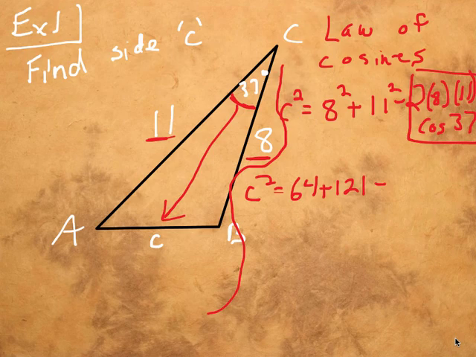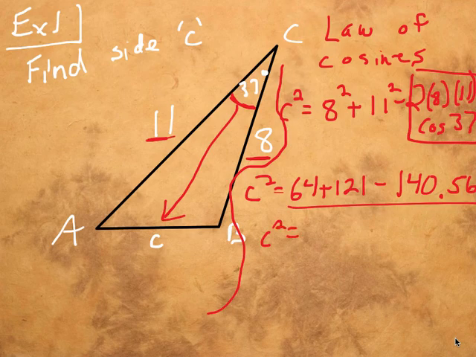We'll do that on the calculator here real quick. So that gives me 140.56. Now I can just simply punch this all in and get me a C squared, which I'm still not going to be done.